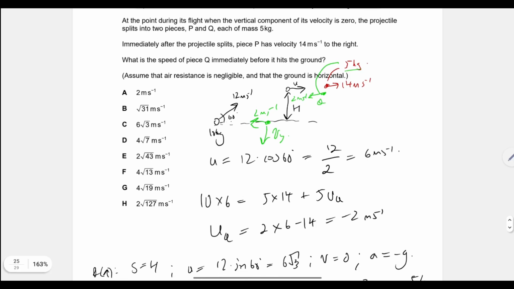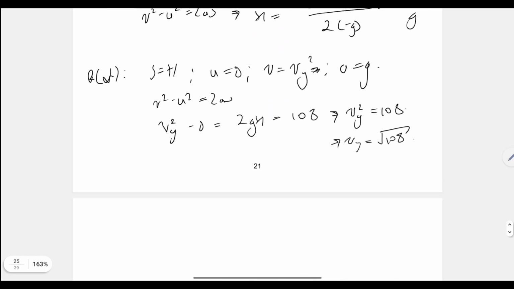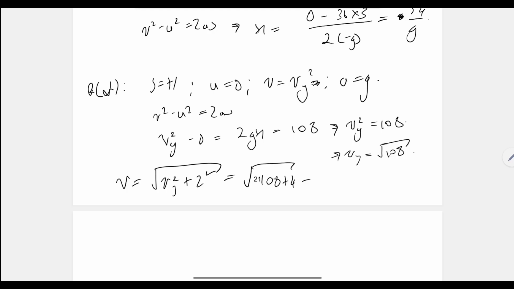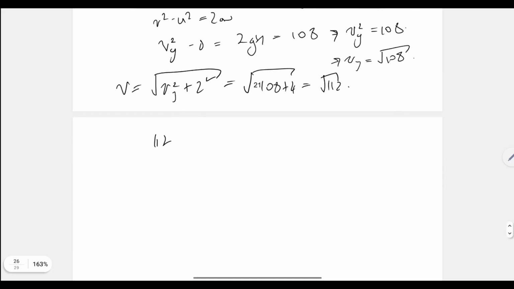So the total speed of q is going to be v, which equals root of vy squared plus 2 squared, which is root 108 plus 4, which is root 112. So let's factorize 112, that's 2 and 56, that's 2 and 28, that's 2 and 14, that's 2 and 7. So v is going to be 4 root 7.